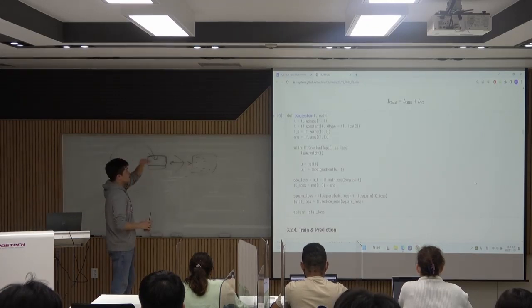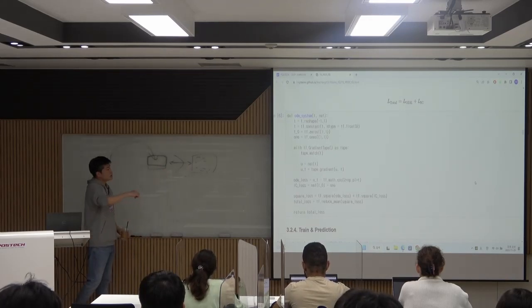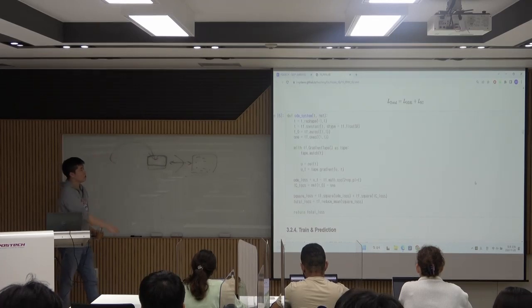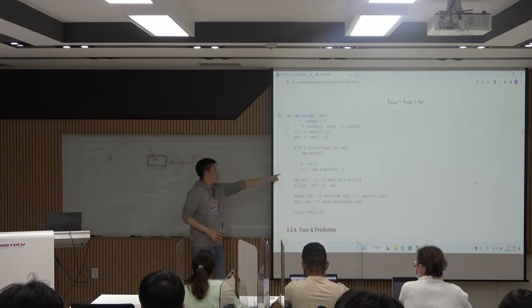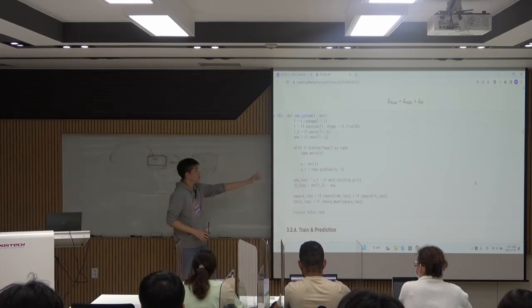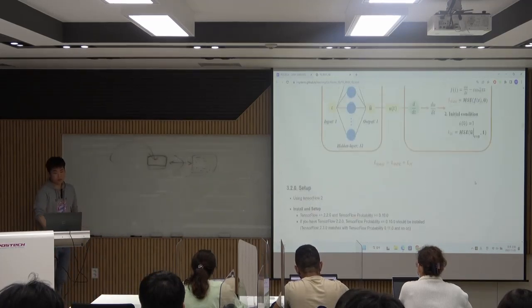Okay? So this ODE function will get two things as an input. T is the time variable, and net is the network that we're going to use. The network is already defined above, so we know what the network is. So this u under t is du over dt. This is the problem that we want to solve here.